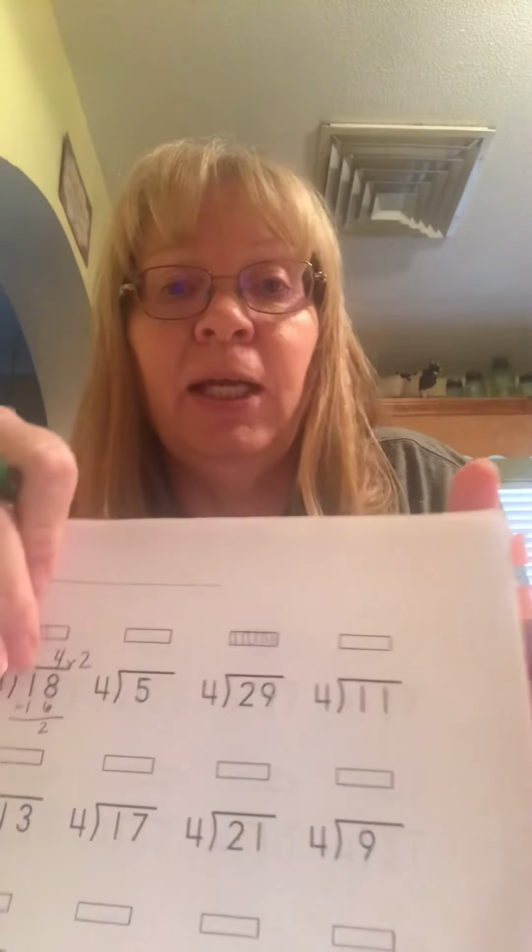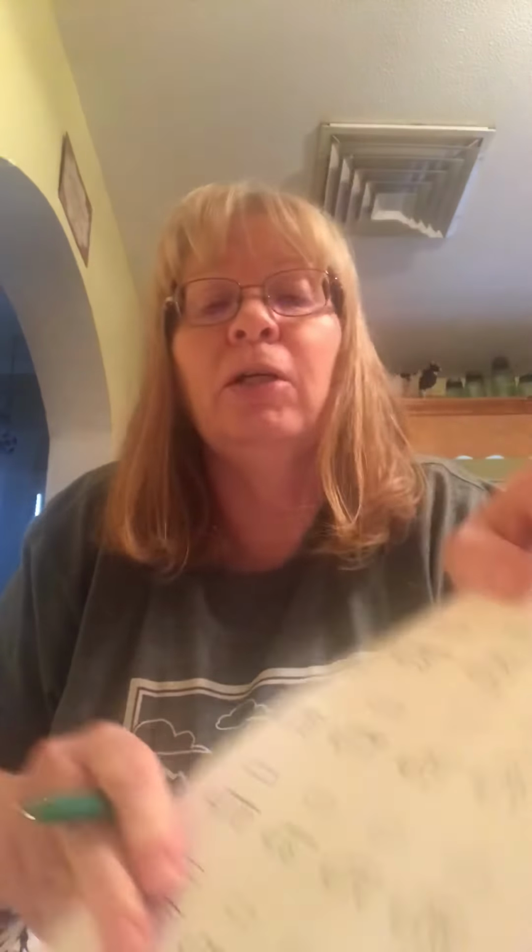So if we look, I have 1, 2, 3, 4, 5, 6, 7 marks. I counted ahead. So we put a 7 above the 9. And 4 times 7 is 28. We put that underneath. 9 minus 8 is 1. So we have a remainder of 1. Okay?